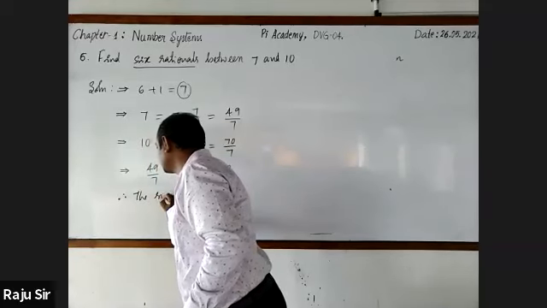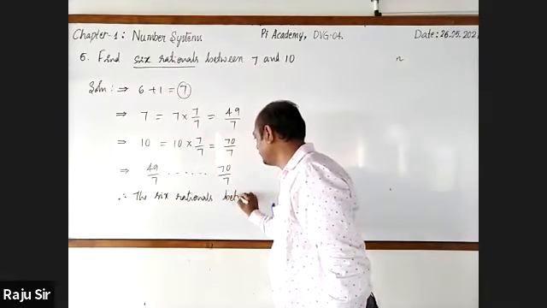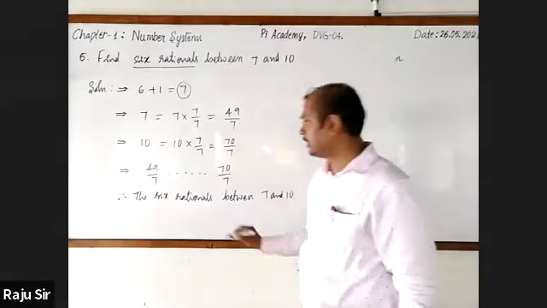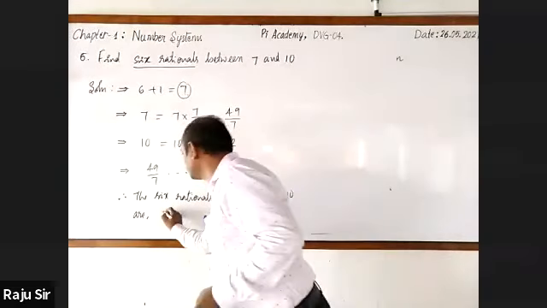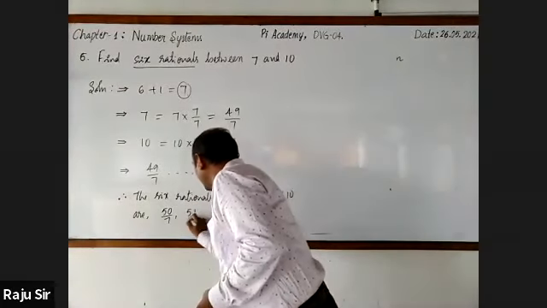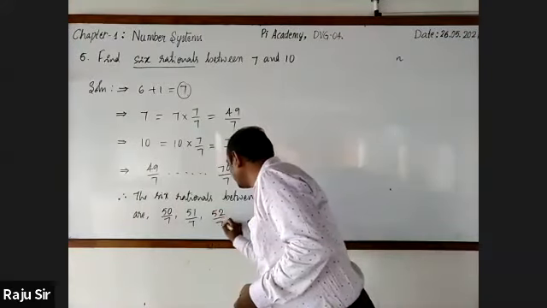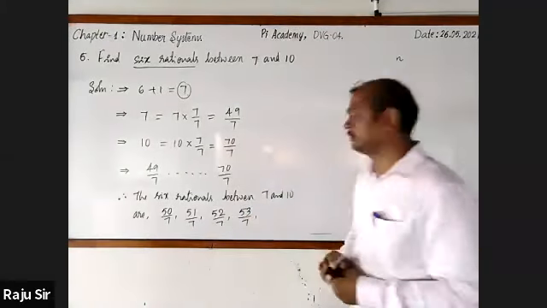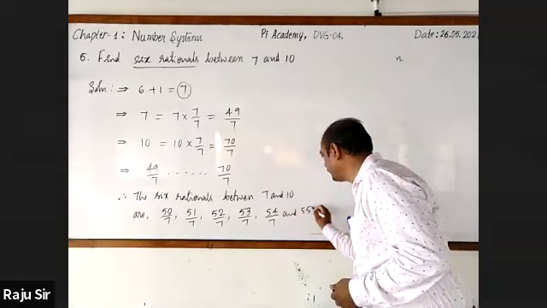Therefore, the 6 rationals between 7 and 10 are 50 by 7, 51 by 7, 52 by 7, 53 by 7, 54 by 7, and 55 by 7.